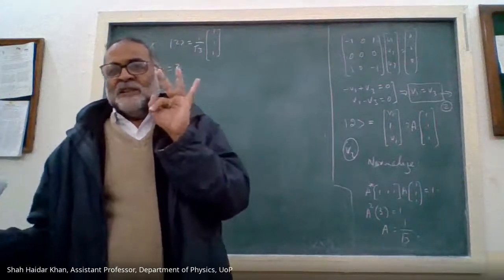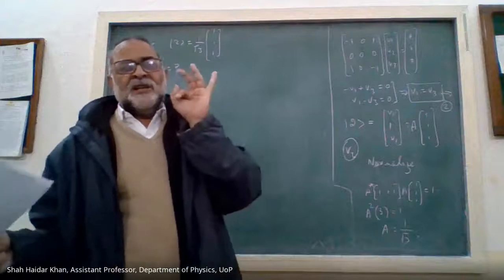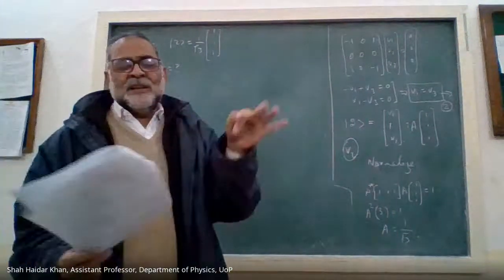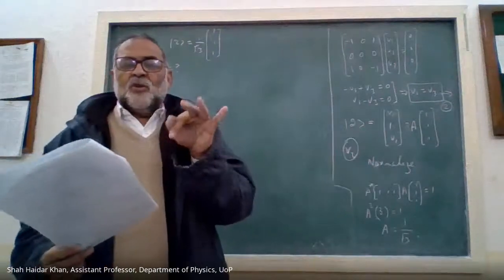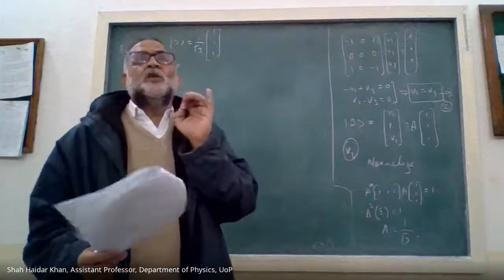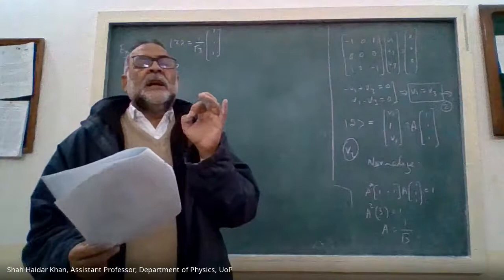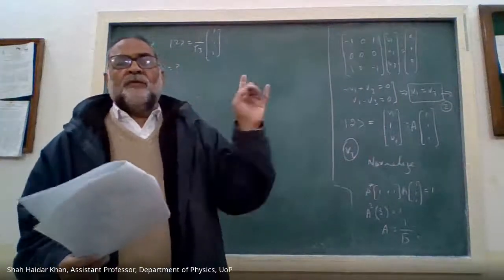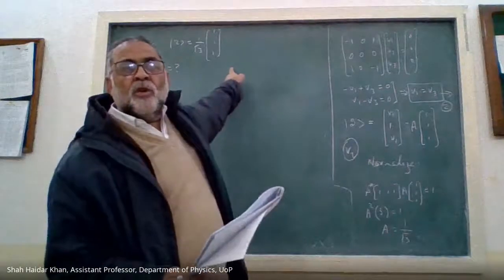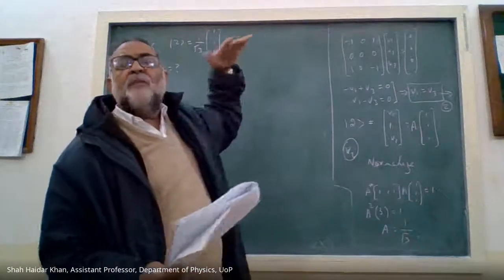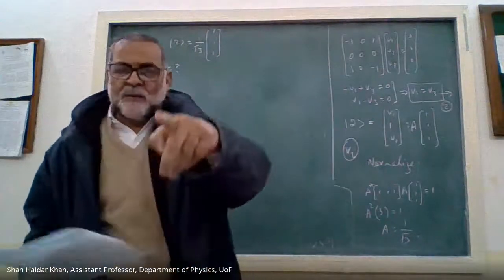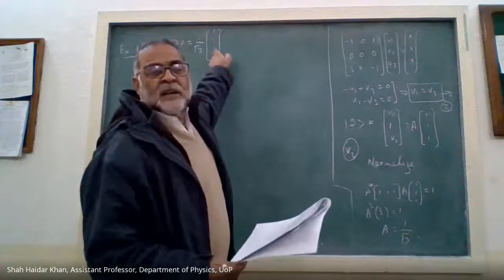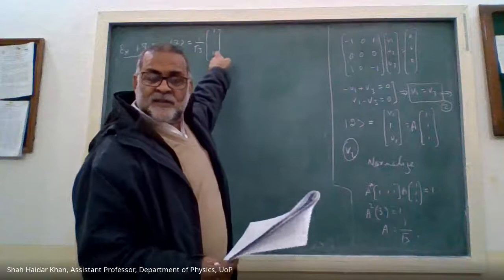The magnitude is 1, and i is perpendicular to j, j to k, and k to i. So if we want to find a second eigenvector of the same eigenvalue which will form a basis, it must be perpendicular to this one. Let us find what that is.